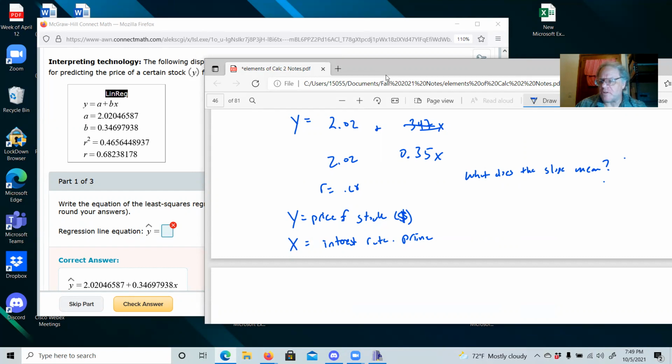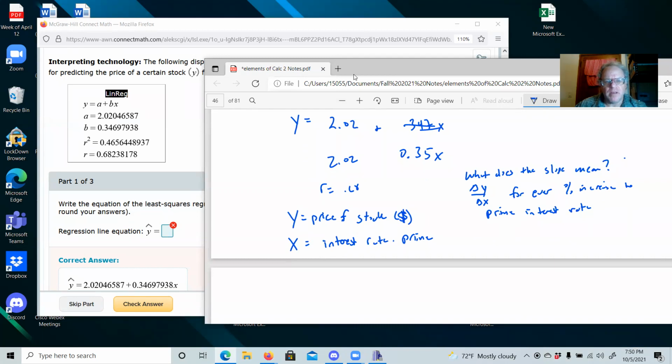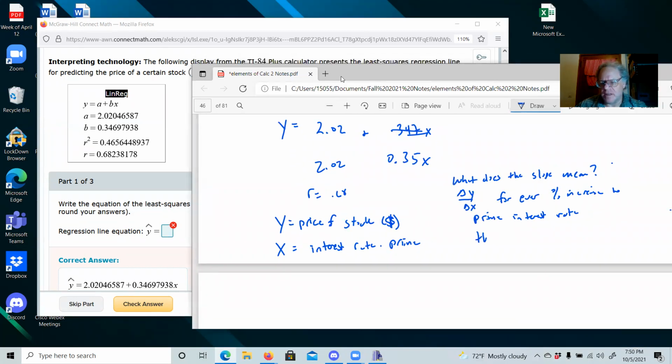Okay. So remember, slopes are things like change in y over change in x. So you could say something like, for every 1 unit increase, we'll say for every percent increase to prime interest rate, this stock looks like it goes up about 35 cents.